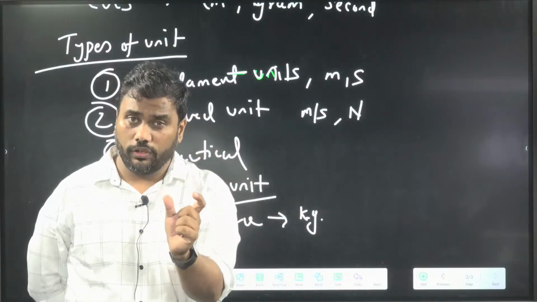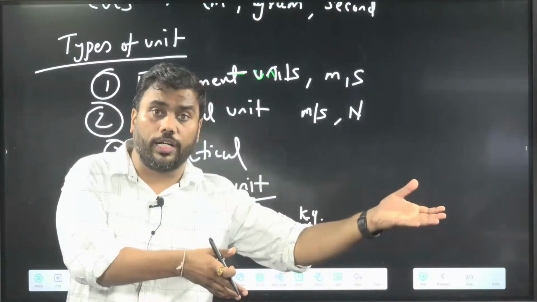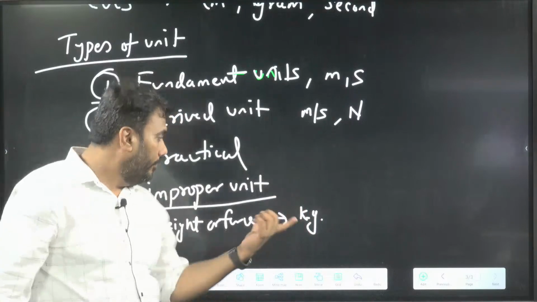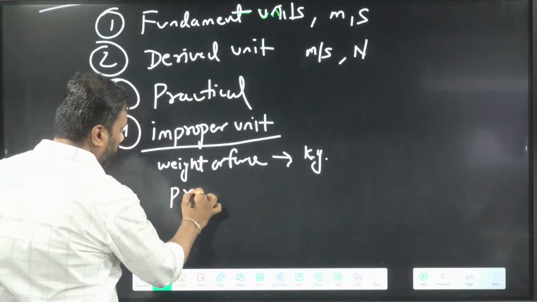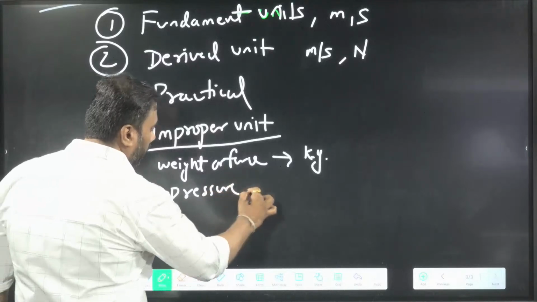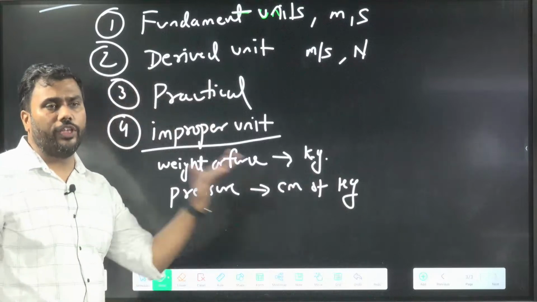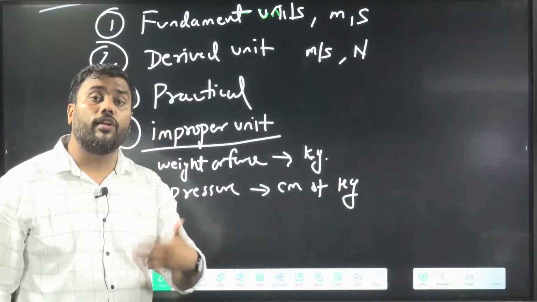So when you give the unit of a physical quantity in terms of a different physical quantity, that kind of unit is called an improper unit. One more example is centimeter of Hg for pressure. Pressure can sometimes be given in terms of centimeter or mm of Hg.